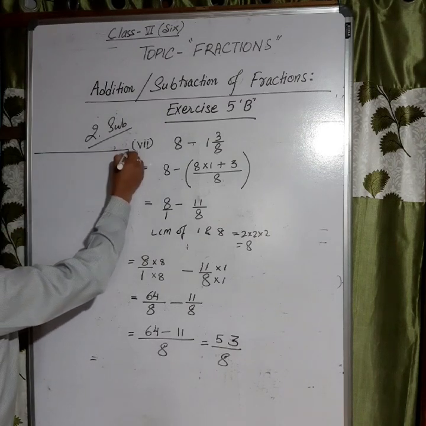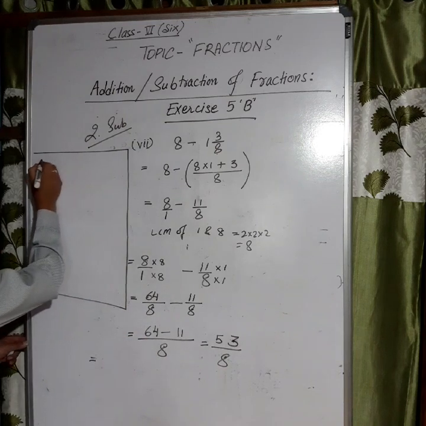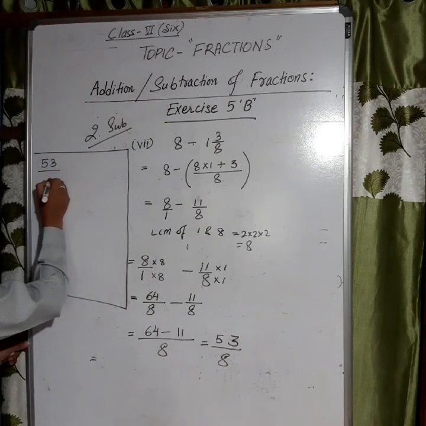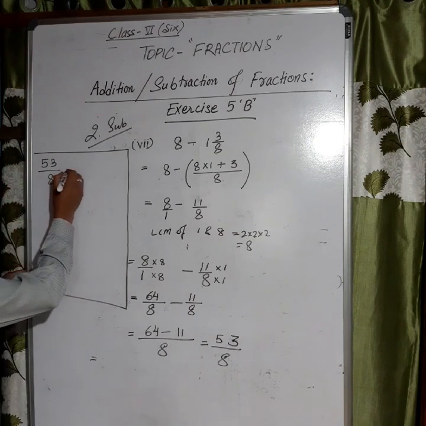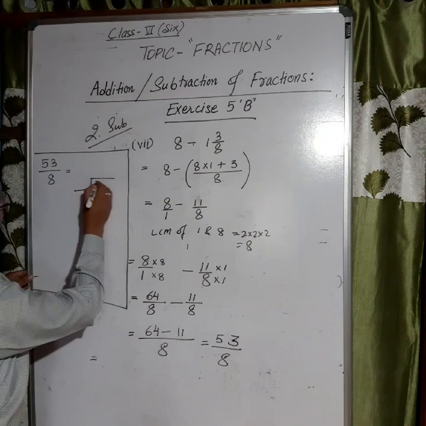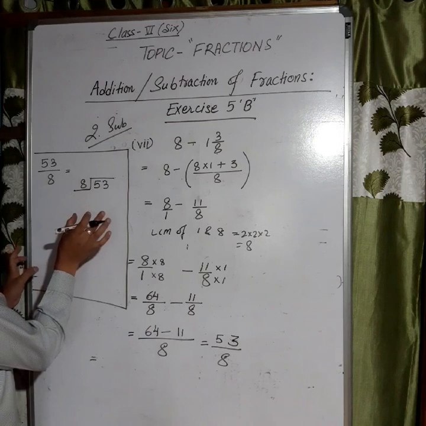I'll do it here. So we have 53 upon 8. We will just divide 53 by 8. You know this division.